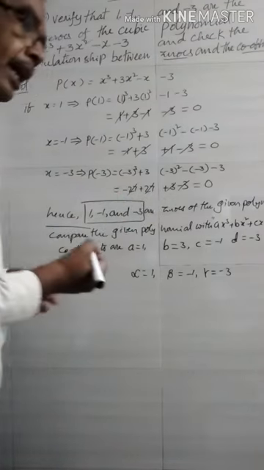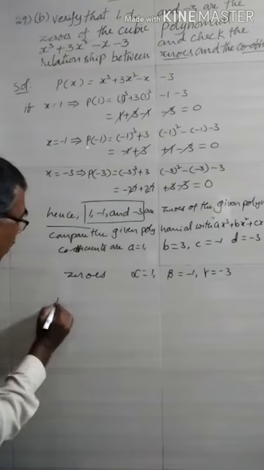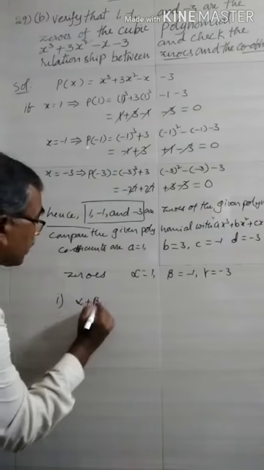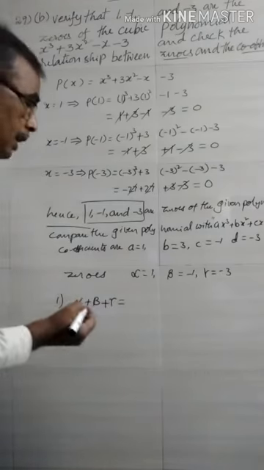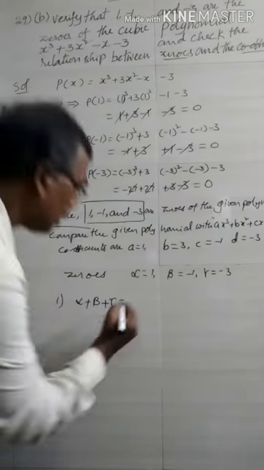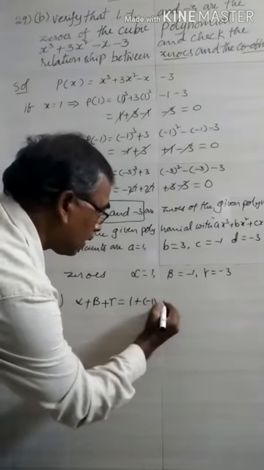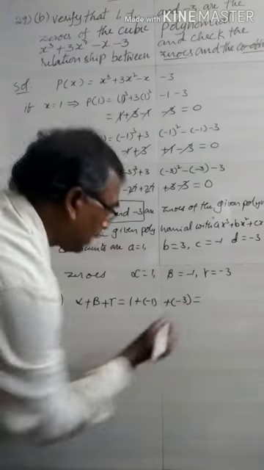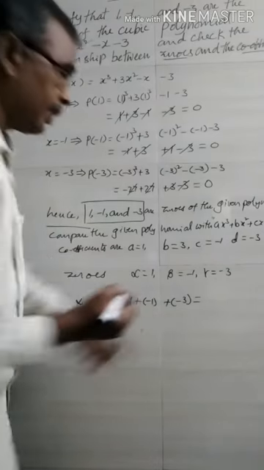First we may check alpha plus beta plus gamma. What is that? Alpha is 1, beta is -1, gamma is -3. Then what you get? 1 -1 cancel, -3 you get.